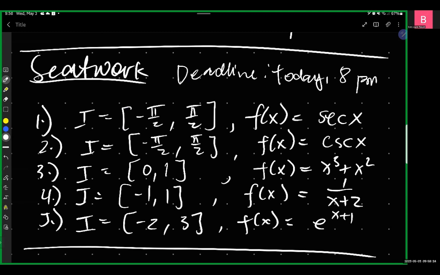I'll ask your class representative to add another folder where you can upload your seat works. Make sure the picture of your work is clear, and as much as possible, write your notes on paper without rulings. Sometimes your writing lies along the rulings of the A4 paper, so I can't read it anymore. Also make sure your solution is clean and good to look at, because when I checked, some of your solutions were jumbled and I no longer knew what you were doing. So this is your seat work and must be submitted today, 8 p.m.